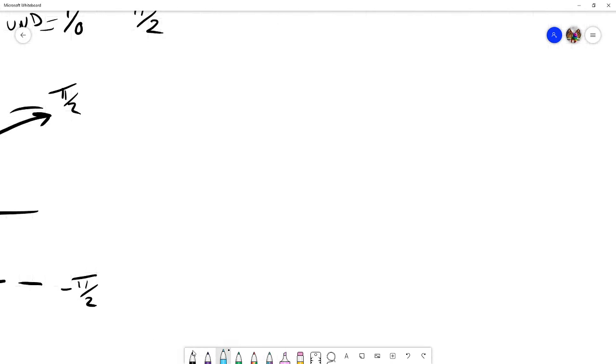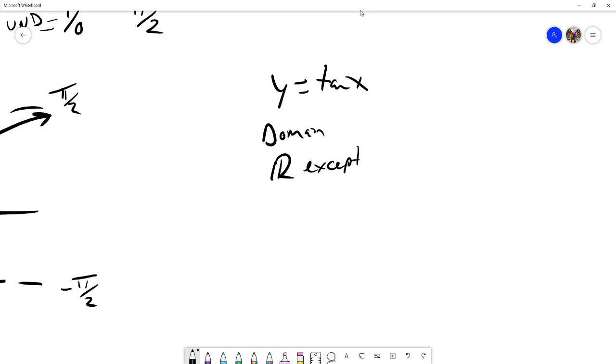So to summarize then, when y is equal to tangent x, the domain is going to be, well, it was all real numbers except pi over 2 plus n pi, where n was an integer.